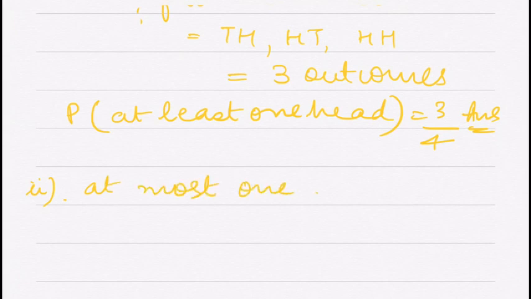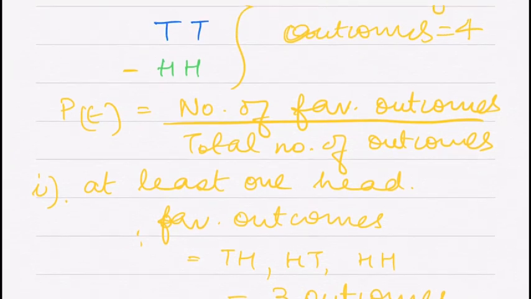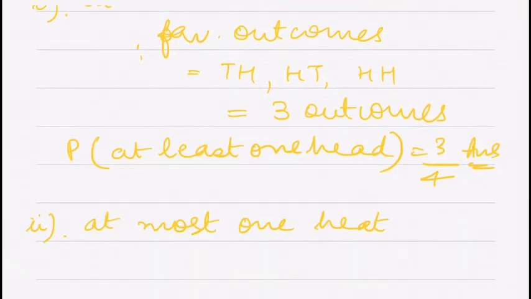The second part says at most one head. At most one head means it won't have more than one head. The maximum it can have is one head, right?